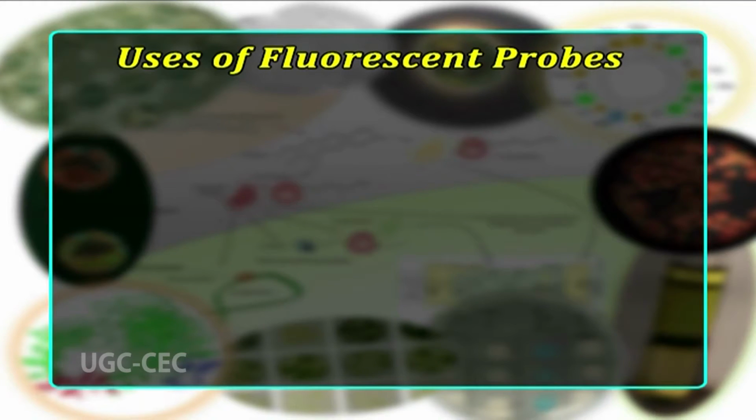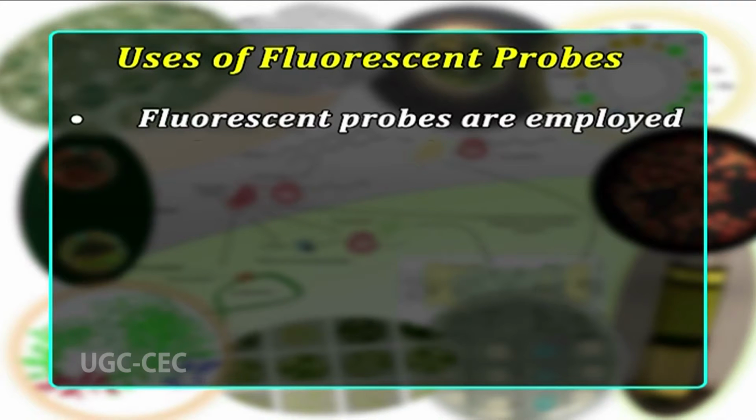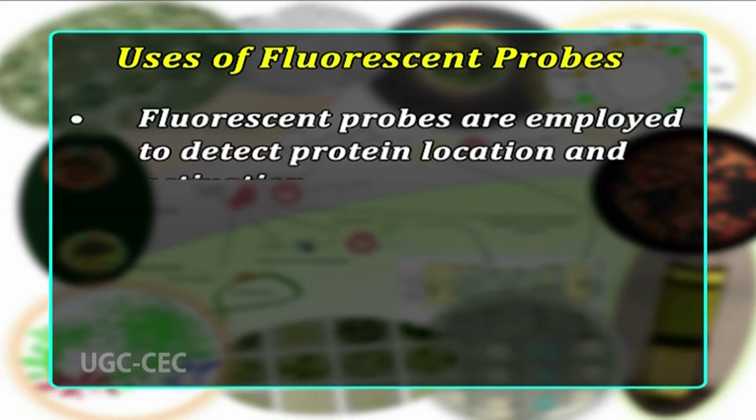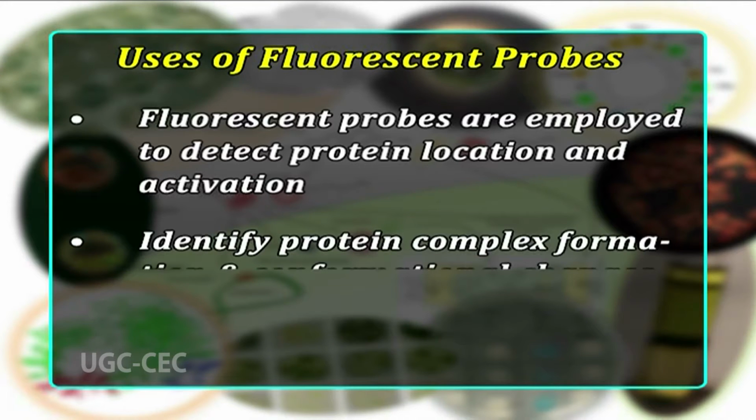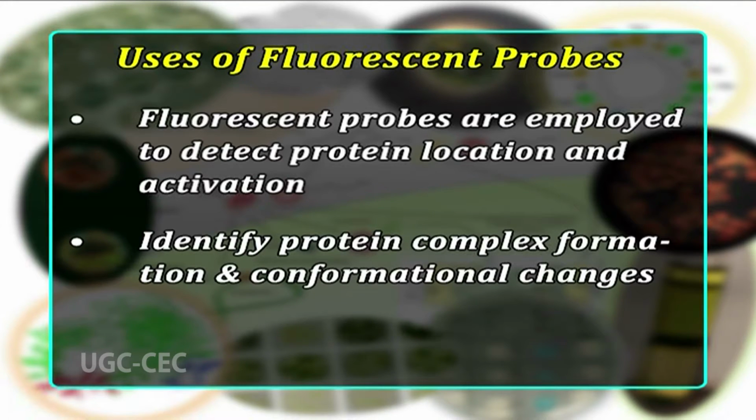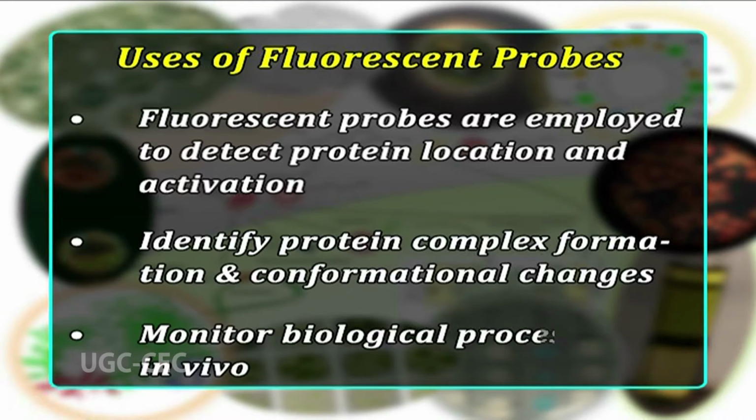Among their myriad uses, fluorescent probes are employed to detect protein location and activation and identify the protein complex formation and conformation changes and monitor the biological processes in vivo. Fluorescence probes are essentially molecular stopwatches which monitor dynamic events which occur during the excited state lifetime, such as movements of the proteins or protein domains.